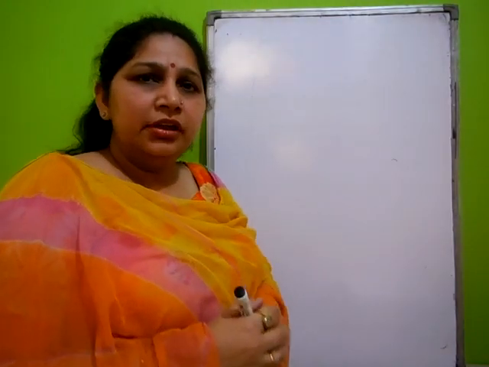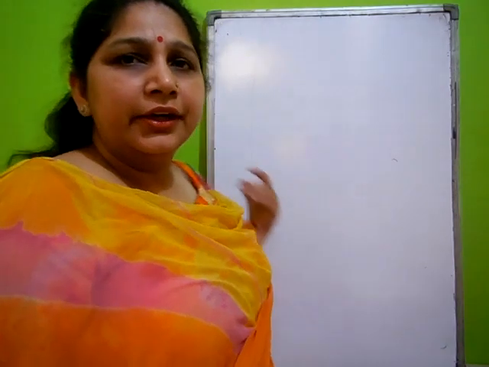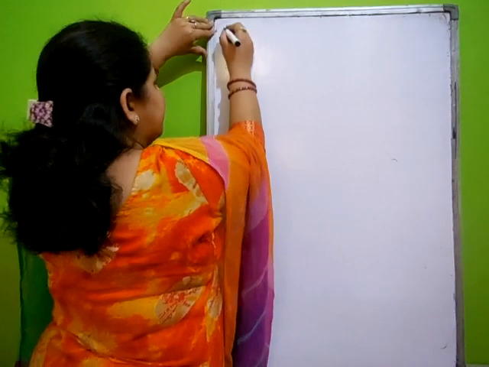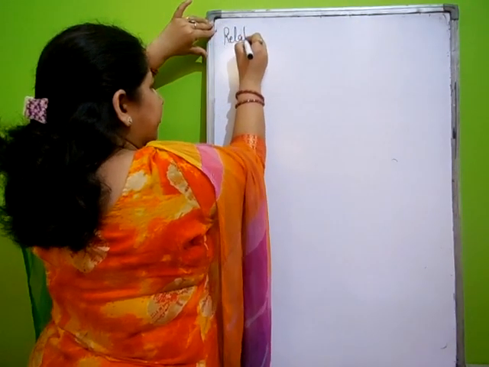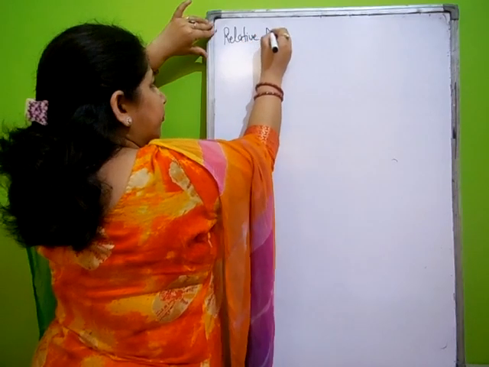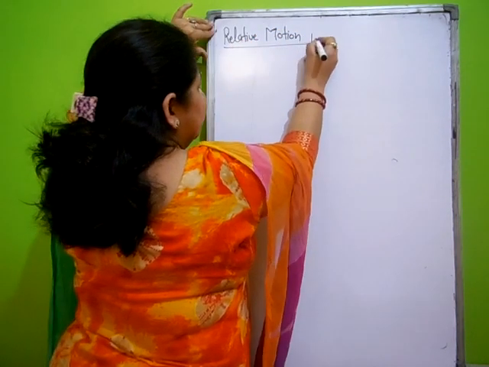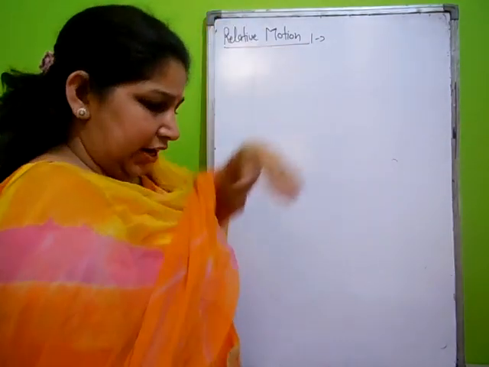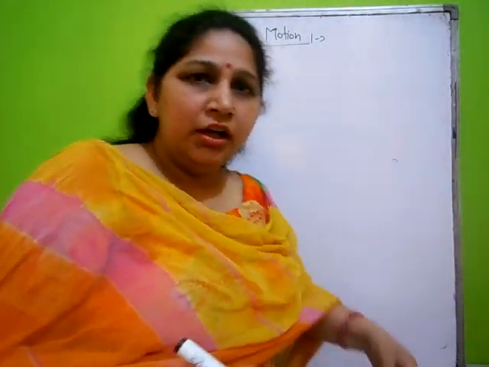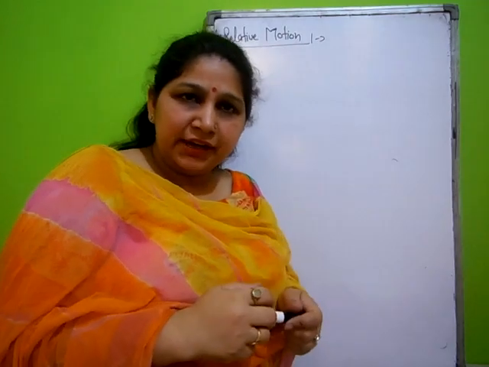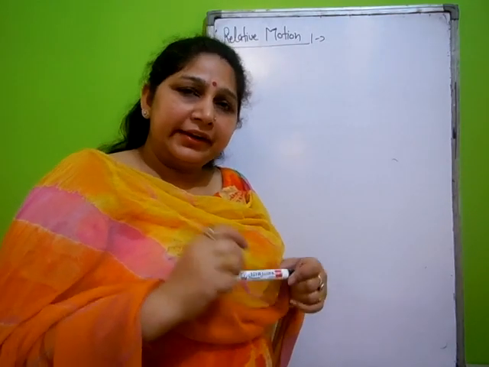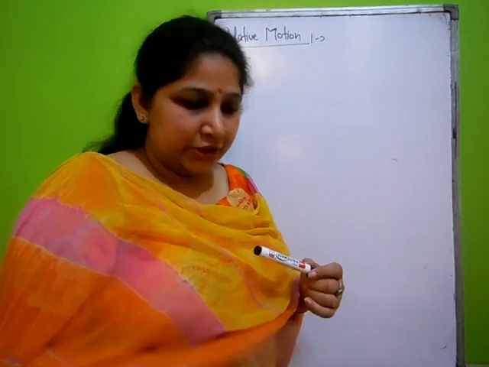Yes, class 11th. Now our next topic is relative motion. What do you mean by relative motion? Every object can be moving with respect to one object and at rest with respect to another object.